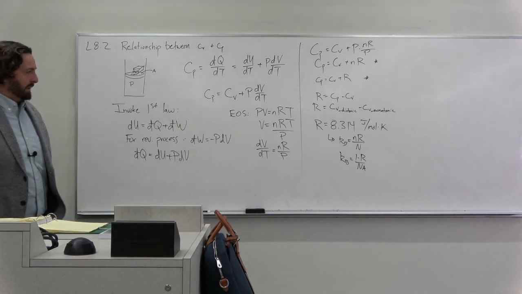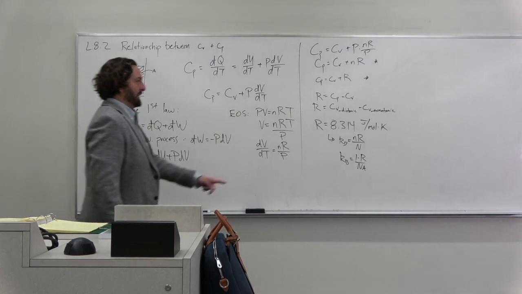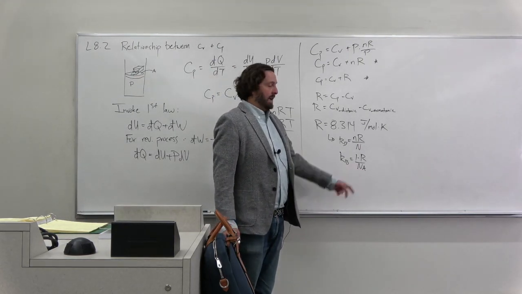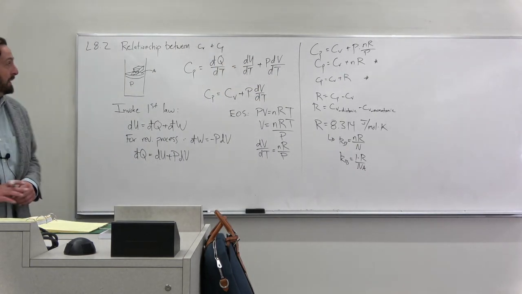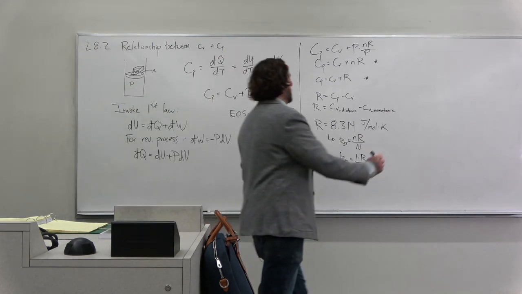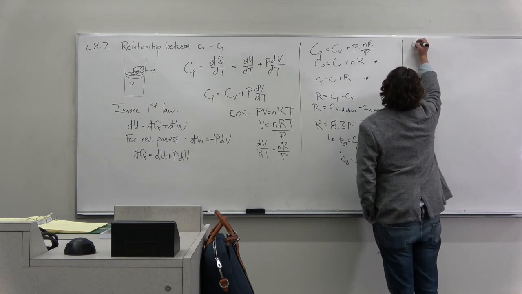Very cool, right? You can come up with something as fundamental as the relationship between a degree of freedom and energy if we know Avogadro's number. Okay, very, very cool.